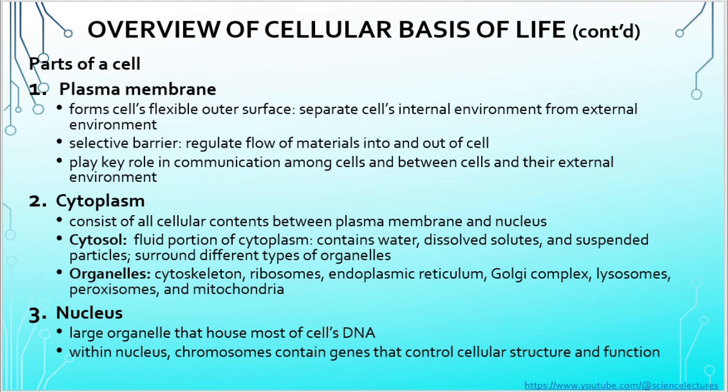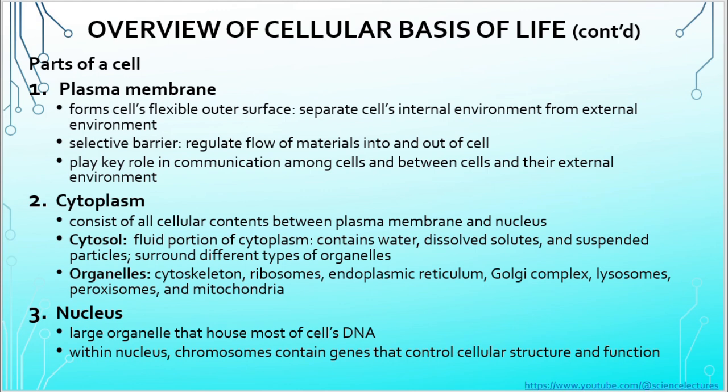So for ease of study, we divide the cell into three main parts, as we talked about: the plasma membrane, the cytoplasm, and the nucleus. The cytoplasm is a compartment that has two components, the cytosol and organelles. Each type of organelle has a characteristic shape and specific functions.